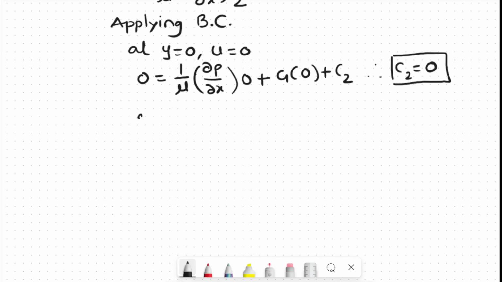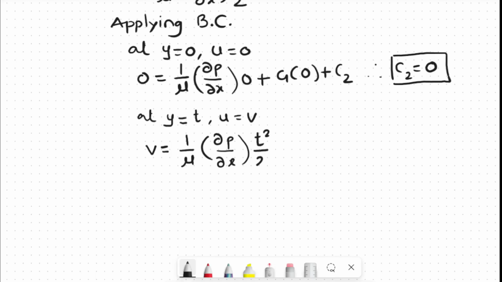So, at y is equal to small t, u will be equal to the velocity of the moving plate, that is capital V. So we get V is equal to 1 upon mu in bracket delta p by delta x, and the value of y is t, so t square by 2 plus C1t plus C2. Let us rearrange the terms to get the value of C1.